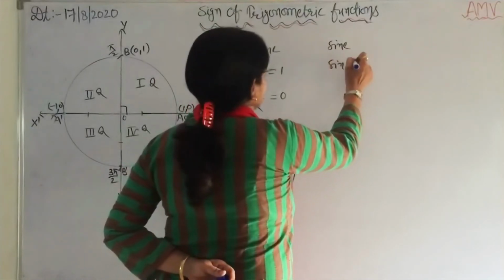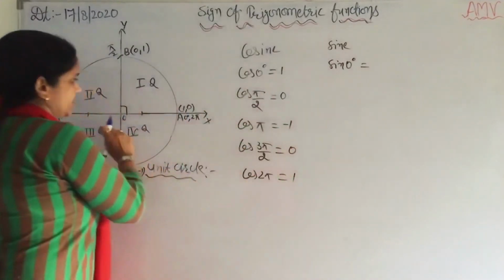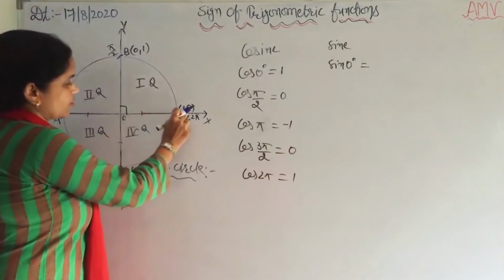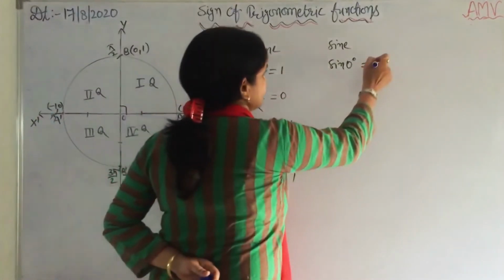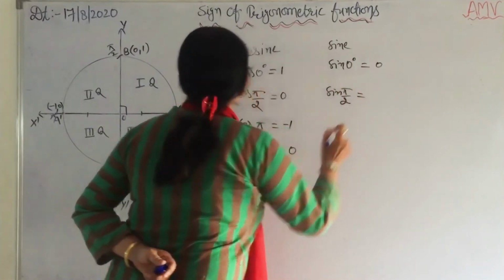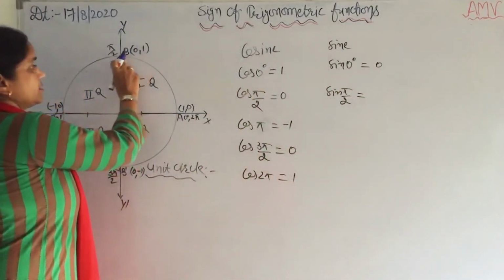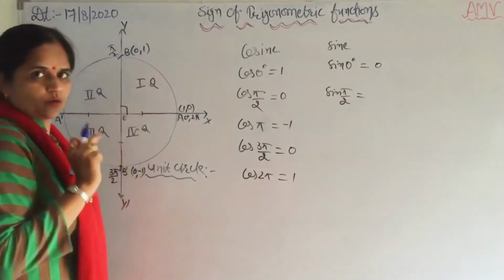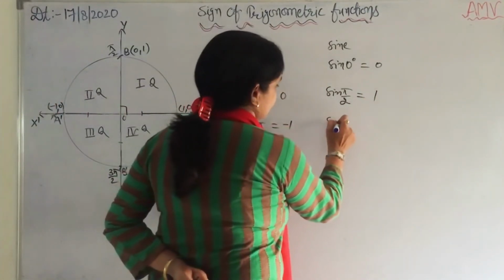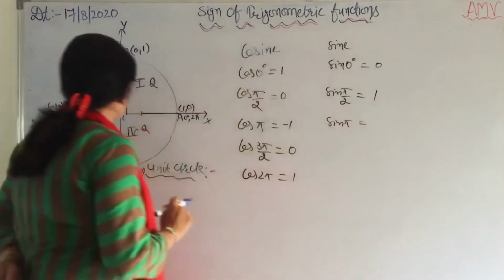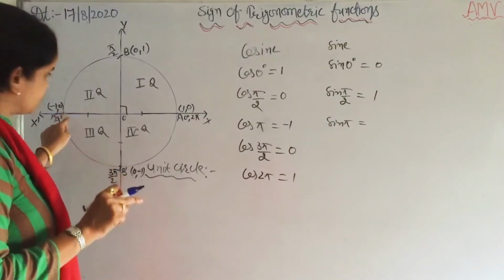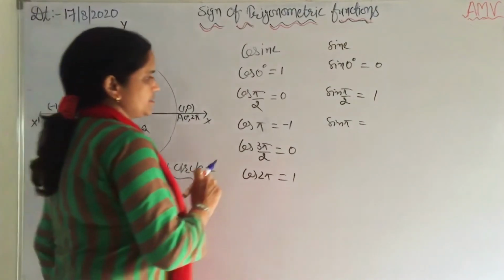And for the sine function. Sine 0. Coordinate of point A is (1, 0). Here the y coordinate is 0, so sine 0 is 0. Now sine pi by 2. See the coordinate of B, (0, 1). Sine pi by 2 is 1. And here sine pi. Coordinate of A dash is (-1, 0), so the y coordinate is 0.